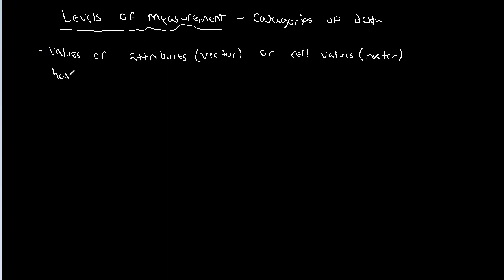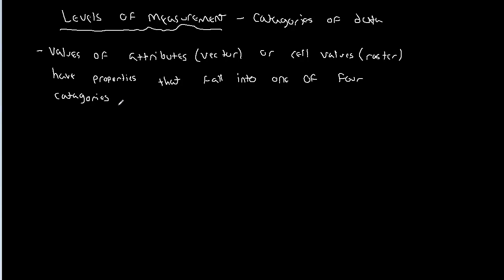Have properties that fall into one of four categories. Right, so we're talking about the values of attributes.